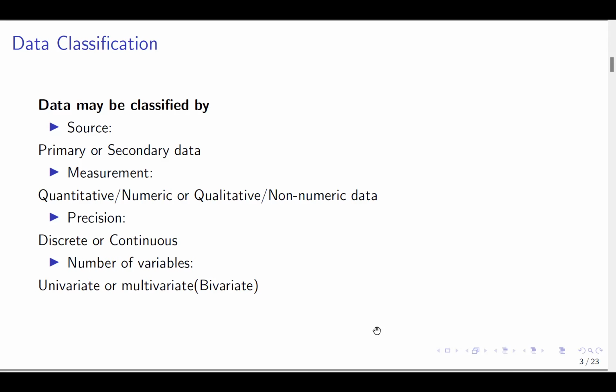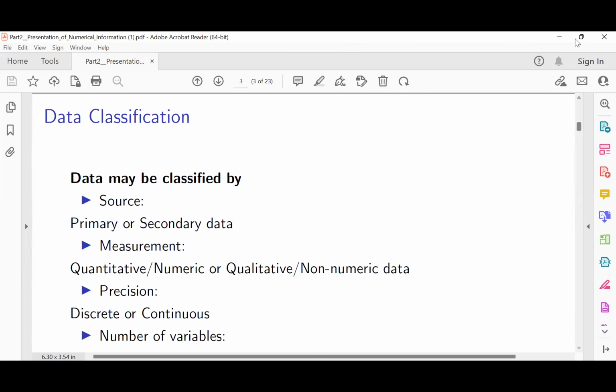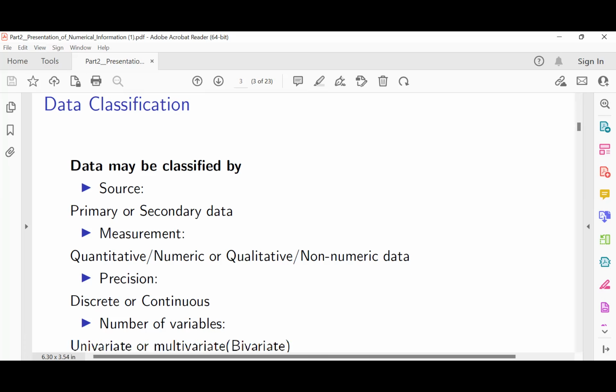The second means of classification is by measurement. Under measurement, you may classify data as quantitative or qualitative.